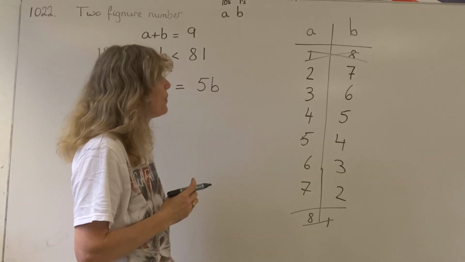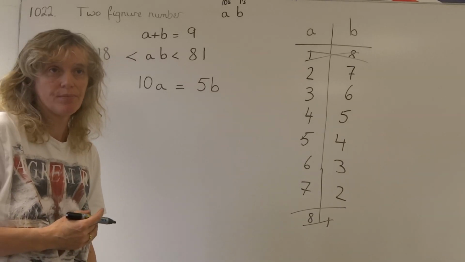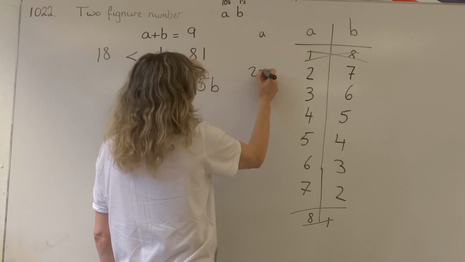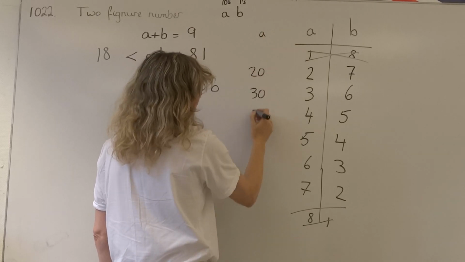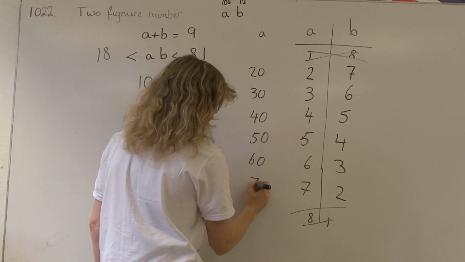Then we look at our numbers and say, okay, if we took the actual value of A, which here is really 20, 30, 40, 50, 60, and 70.